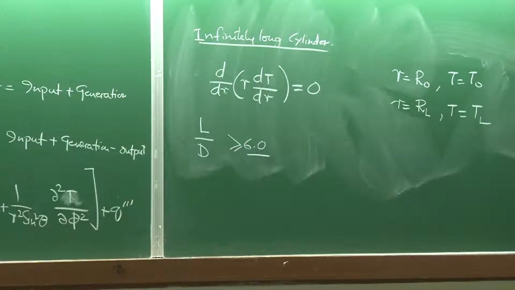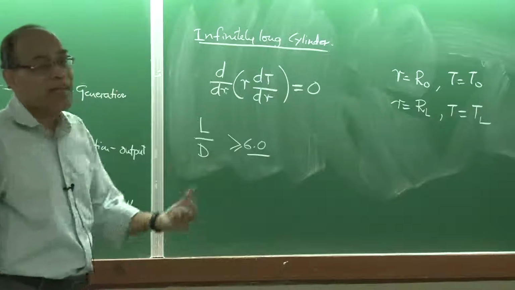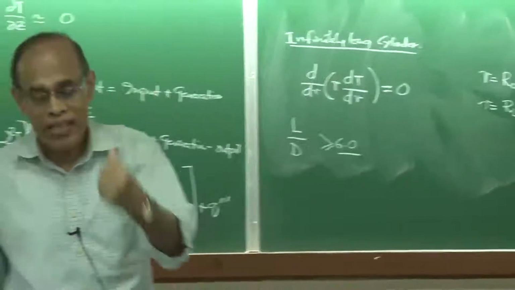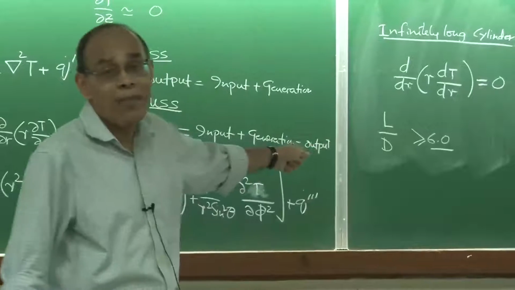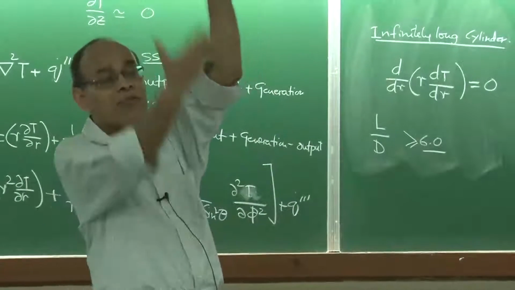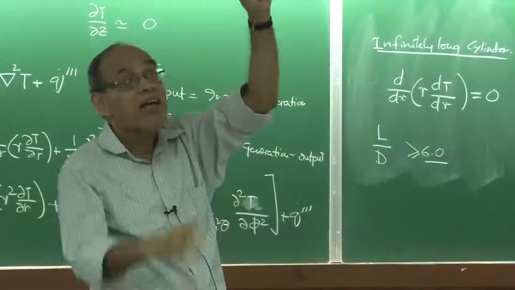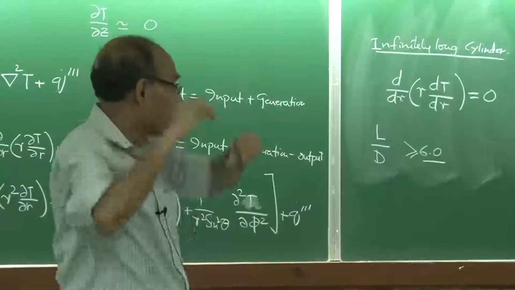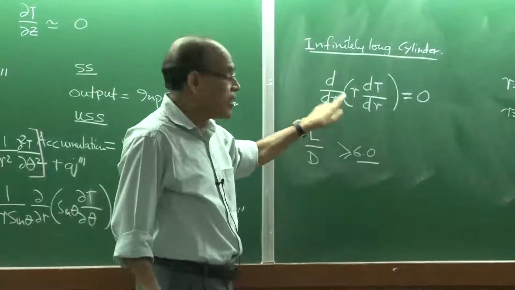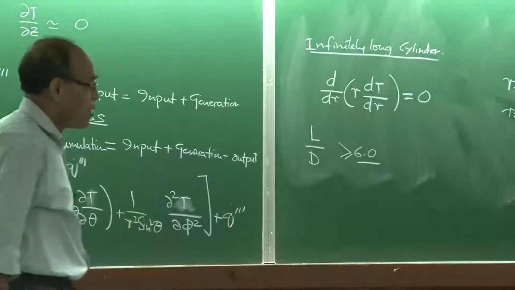Otherwise, just like the way we talked about the entrance length in a fluid flow problem, in this case we have end effects, the top end and the bottom end of the cylinder. If you are talking of a vertically long cylinder, we will have the temperature profiles deviating from what could be predicted on the basis of this differential equation alone.